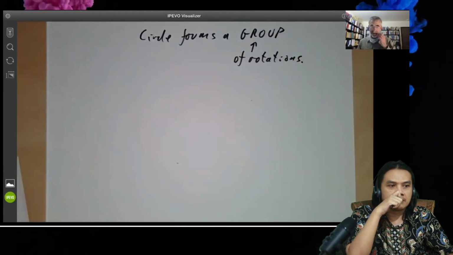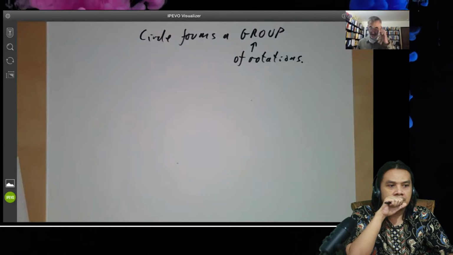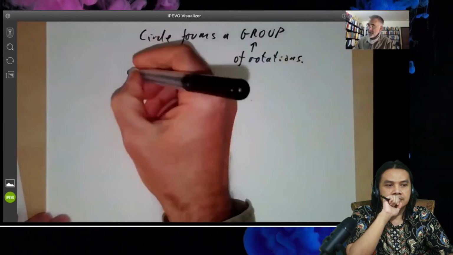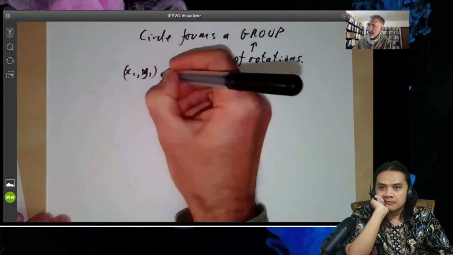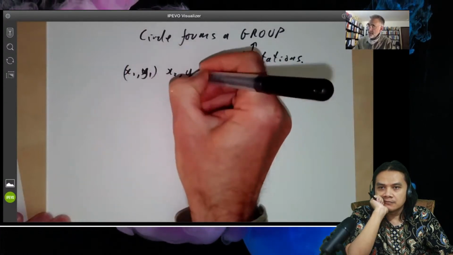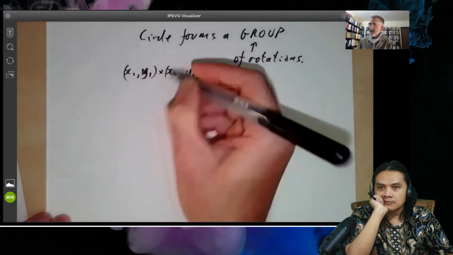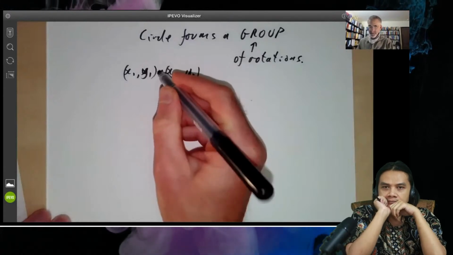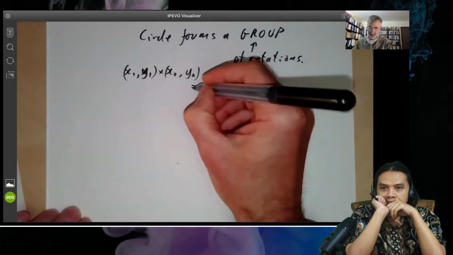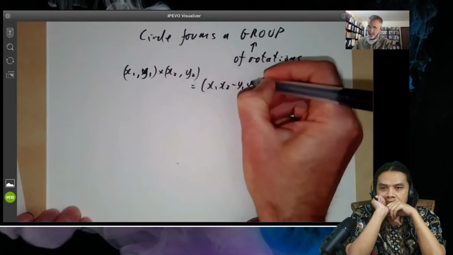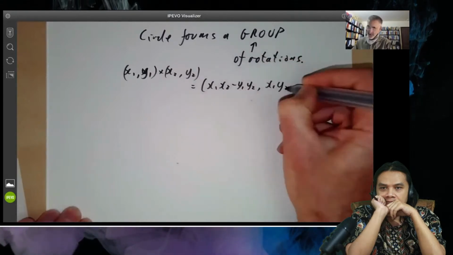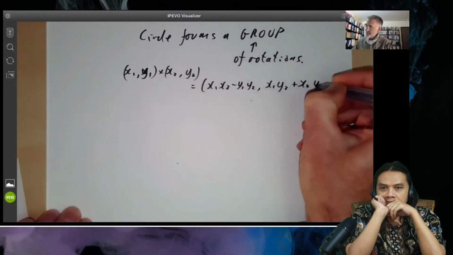And we can work out the group operation fairly easily. For instance, suppose you've got x1, y1 and x2, y2, and you wish to multiply them by the group operation. Well, this is just x1 x2 minus y1 y2, x1 y2 plus x2 y1.